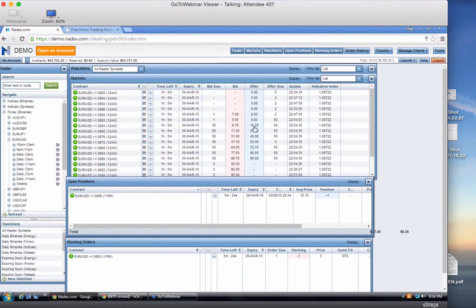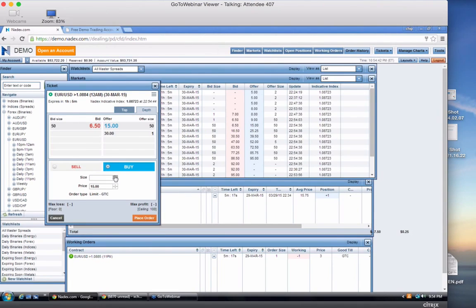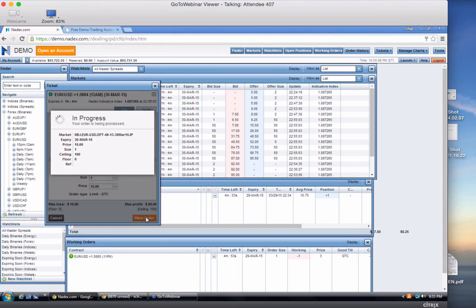We're going to buy the binary at $15. That's how much we're willing to risk, $15. And if we're right that the spot euro finishes higher than 188.4, then we're going to get $100. Out of the 100 it cost us 15, that means we make 85. So we're going to place the order.